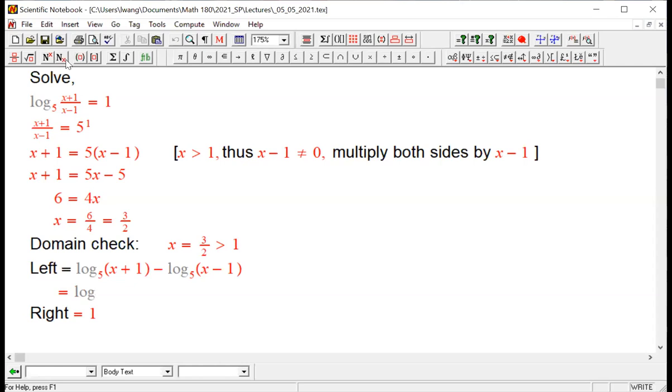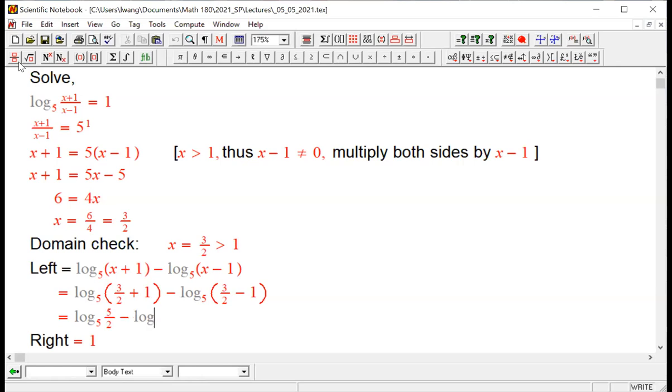Log base 5 of, 3/2 replaces x, plus 1, minus log base 5 of 3/2 minus 1, equals log base 5 of 3/2 plus 1, that's 5/2, right?